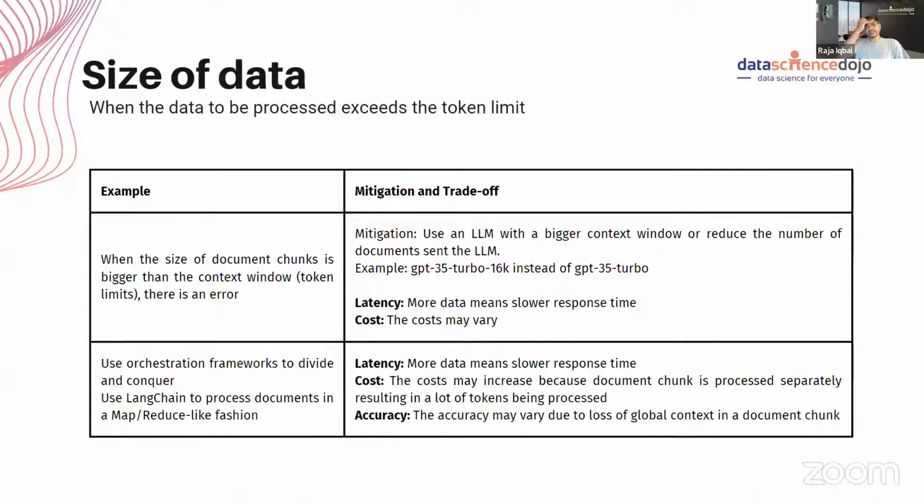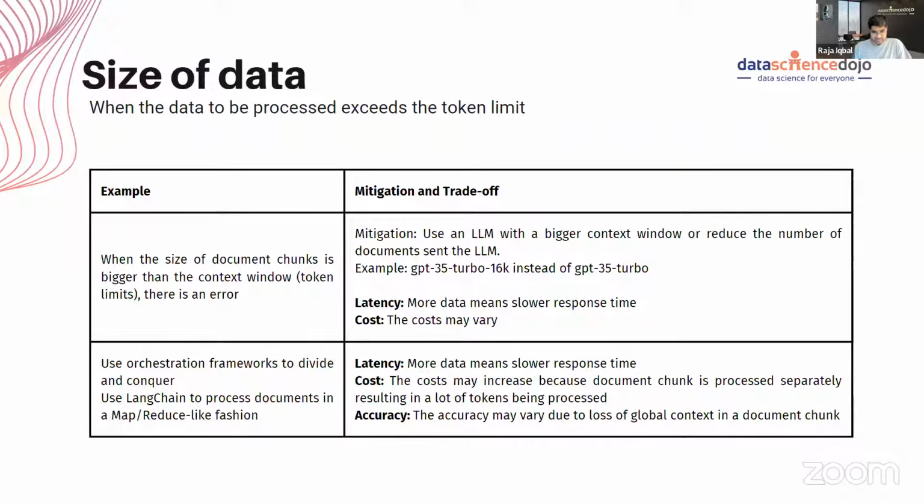Now, here are some of the challenges and the mitigations that we found based on some projects that we are working on. So, for instance, what if your document chunks are bigger than the context window size? You're hitting the token limits, right?